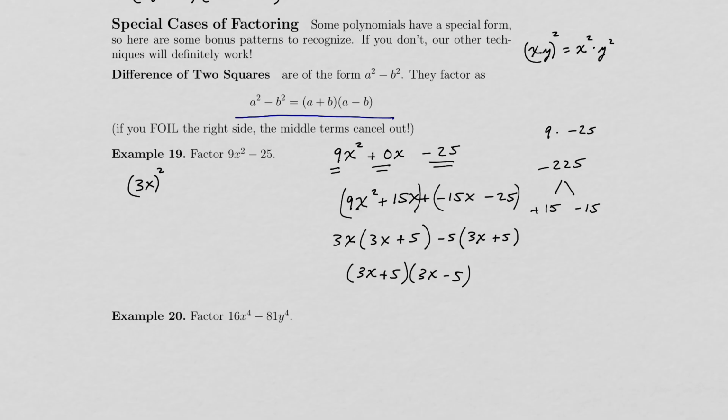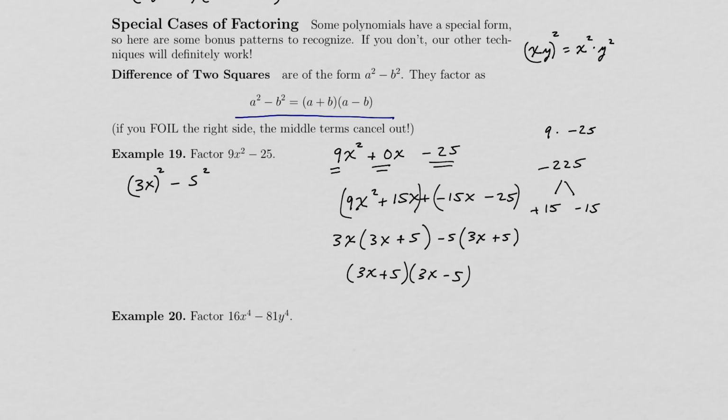Each one gets raised to that power when you expand that out. So 3x squared would be 3 squared times x squared, which is 9x squared. And then 25 is also a perfect square. It's the same thing as 5 squared.